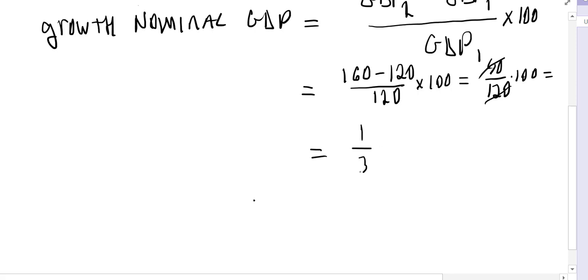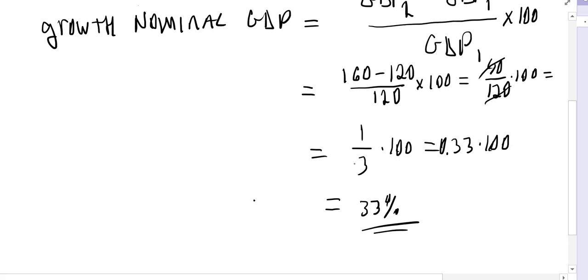We will have 1/3 of 100, which is 0.33 times 100. That's equal to a 33% increase in GDP.